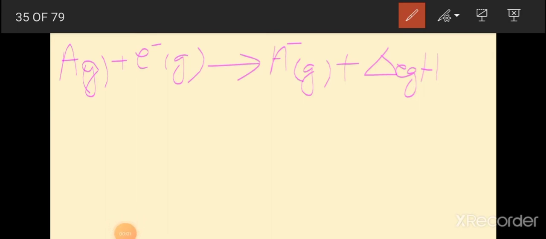So by this we can explain the electron gain enthalpy. You can see a neutral gaseous atom. To a neutral gaseous atom we are adding an electron, an ion is being formed and energy is being released. So this process by which the neutral gaseous atom adds an electron is an exothermic process, since energy is released in it.